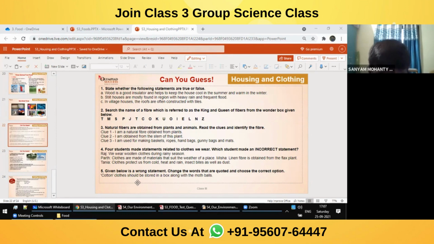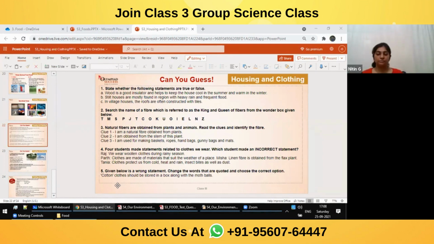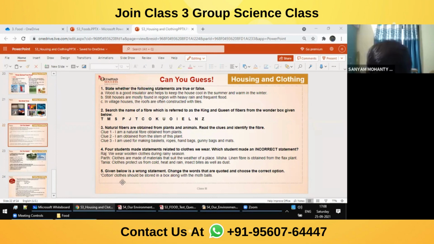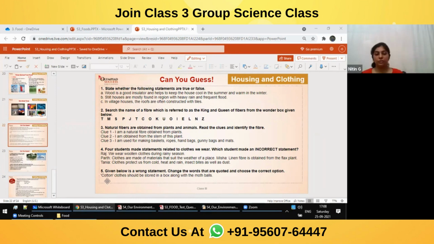Given below is a wrong statement. Change the words that are quoted and choose the correct option. Cotton clothes should be stored in a box along with the mothballs. So instead of cotton, what should come?